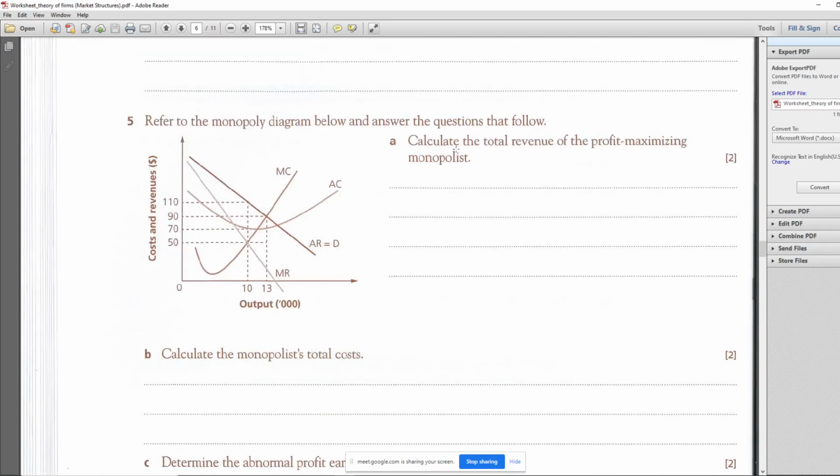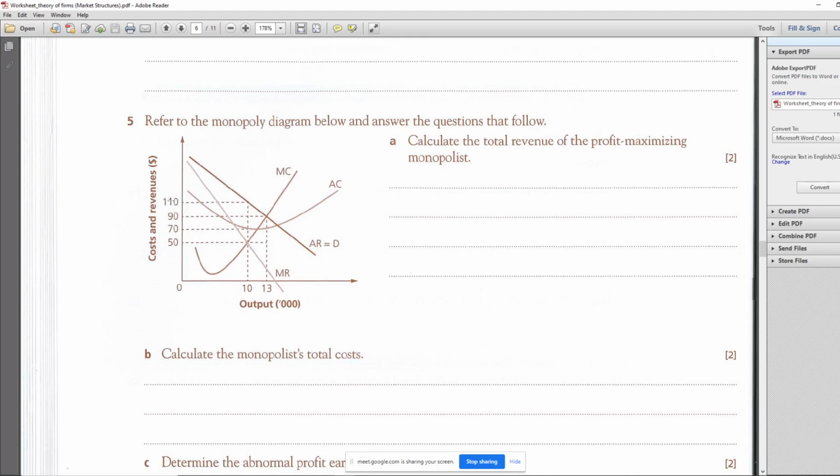Question 5. Calculate the total revenue of the profit maximizing monopolist. So what is the total revenue for this question here? That will be 1,100,000. Well, that's correct, right?